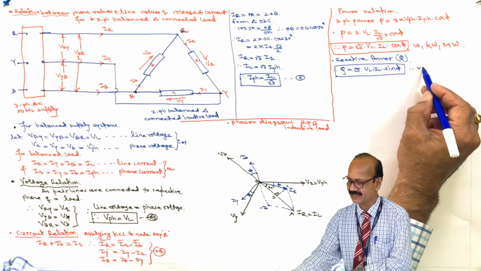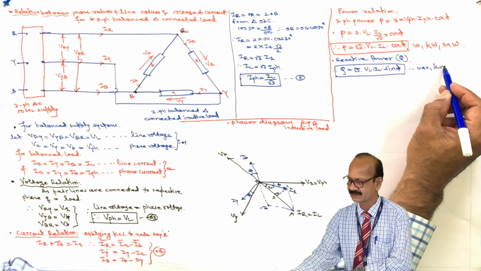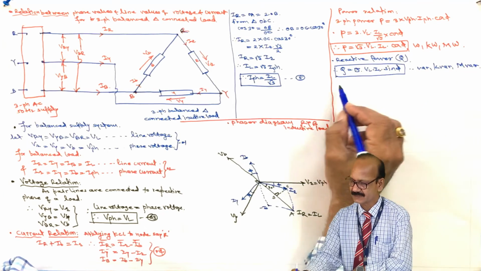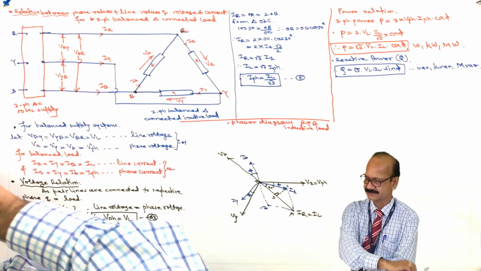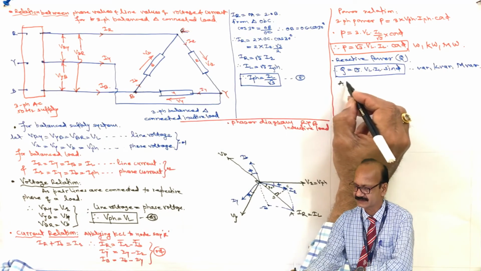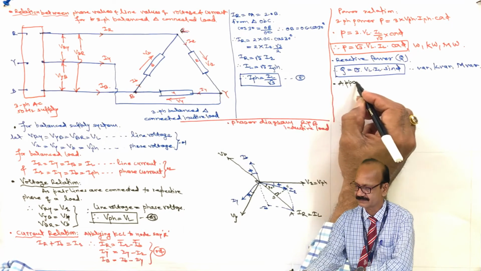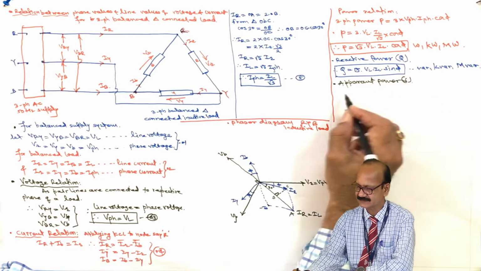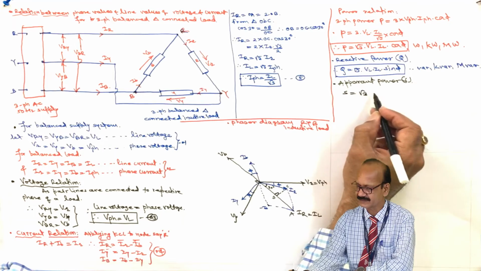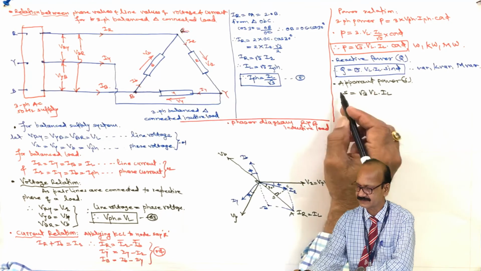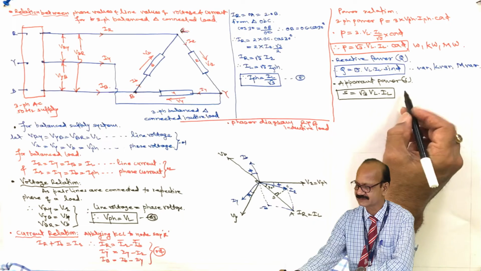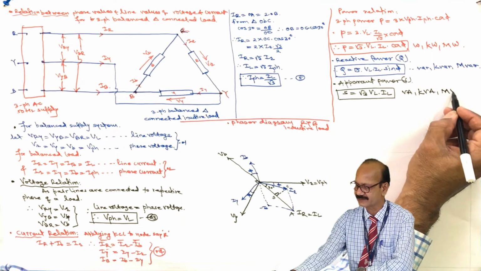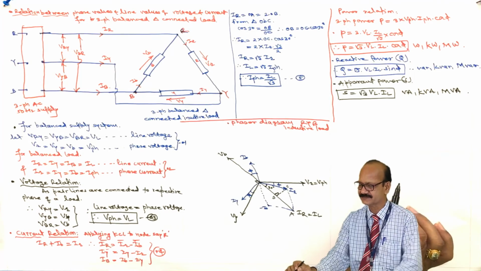The unit is VAR or kVAR or MVAR. Then the last one is the apparent power denoted by S. So S equal to root 3 VL into IL. And this is VA or kVA or MVA. These are the various units.